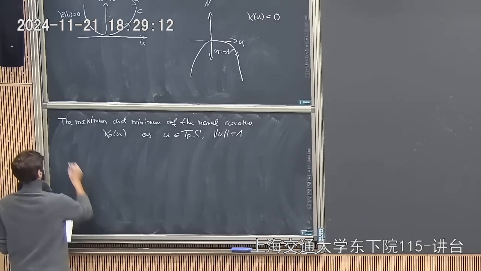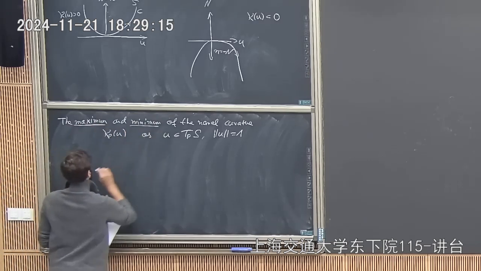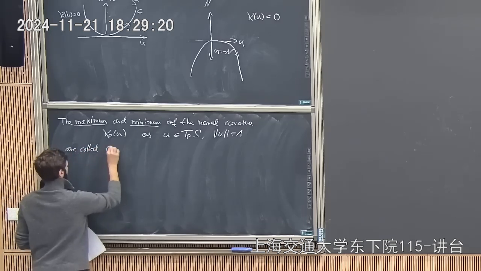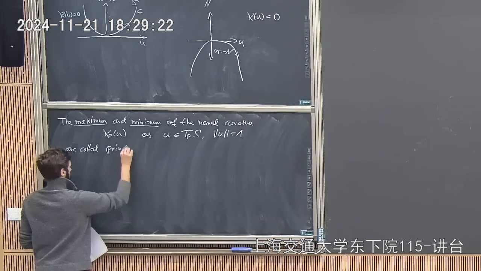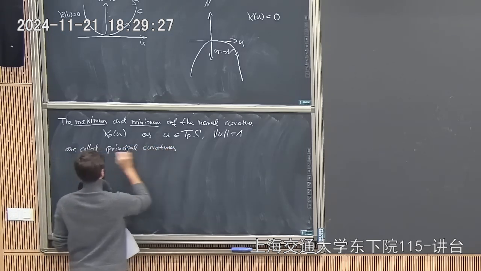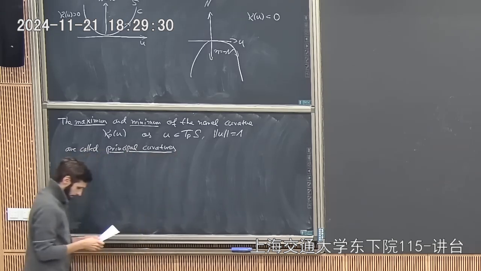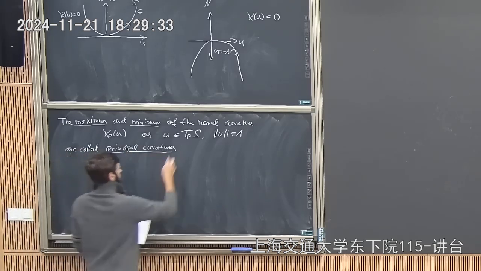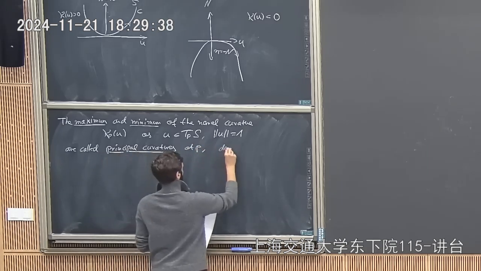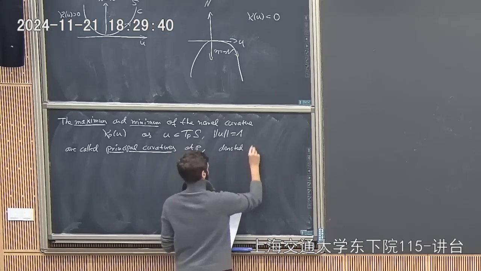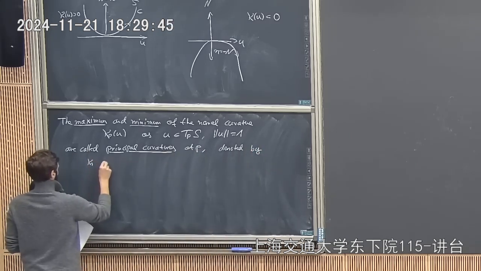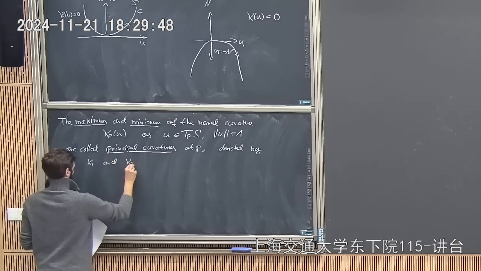These are called the principal curvatures, and they're usually denoted by kappa 1 and kappa 2.